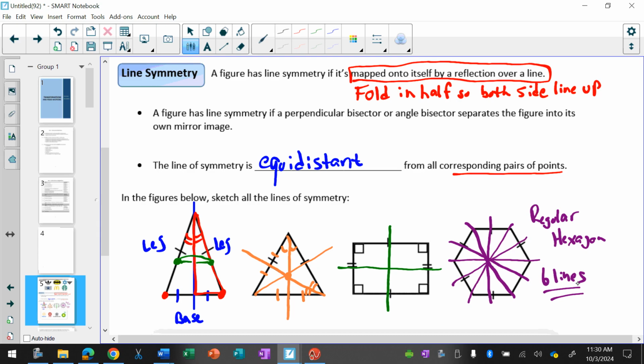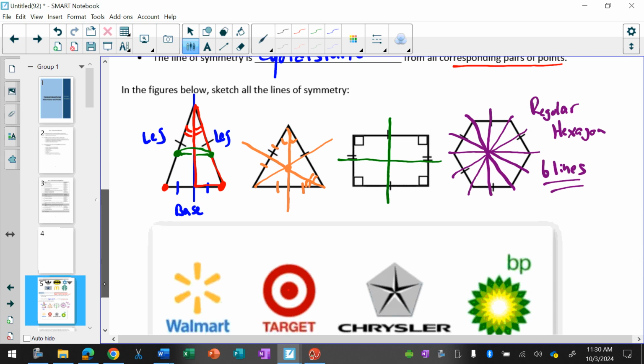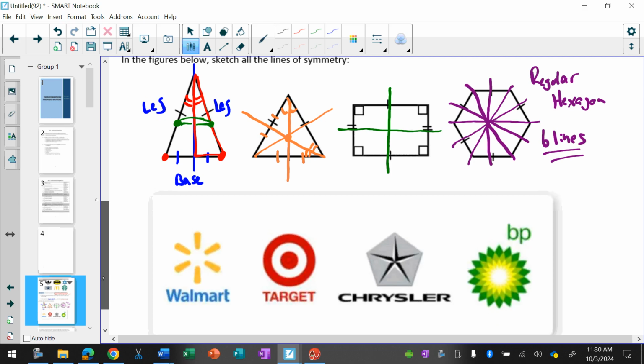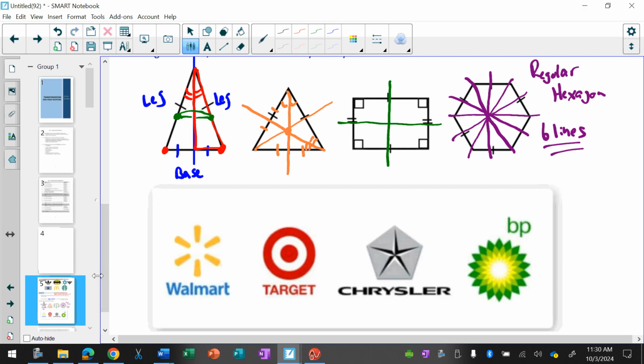So a line of symmetry is a pretty easy thing to recognize. Can you fold it in half? So some logos that you may recognize that have line symmetry would be the Walmart logo, which if you connected the endpoints, they designed that logo off of a hexagon with a circle around the inside.